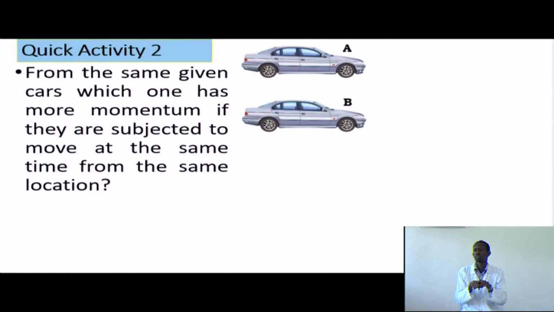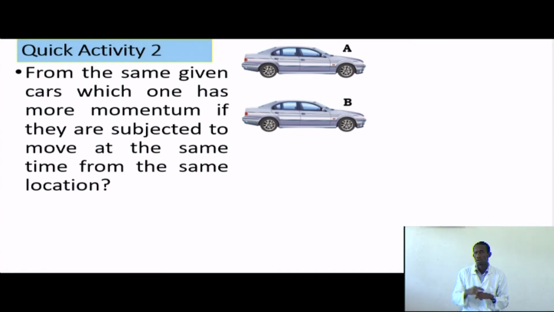Can you give the answer? That's correct. The one that will have more momentum is the one that has the very high speed. Do you understand? There is a reason why.